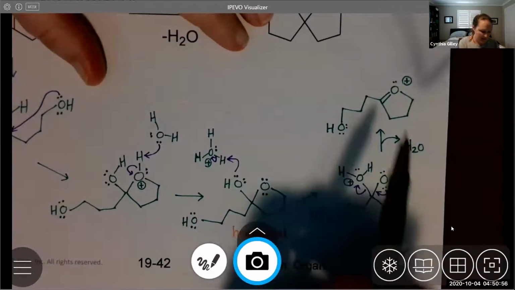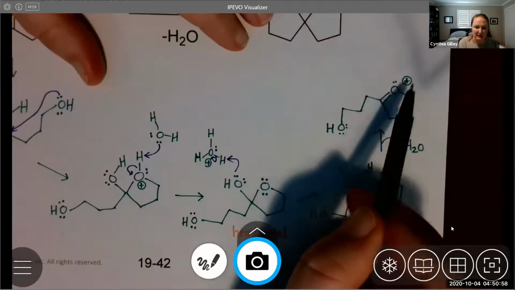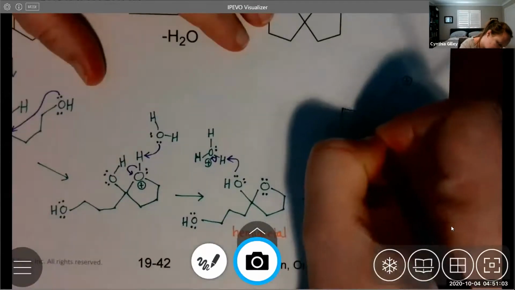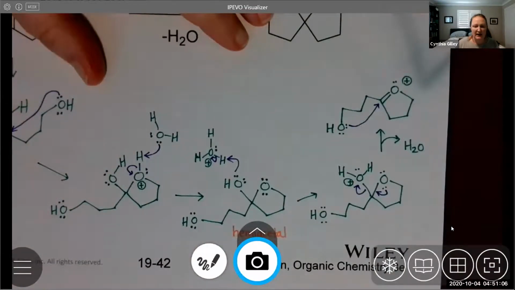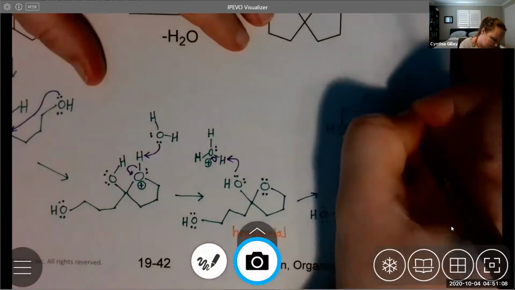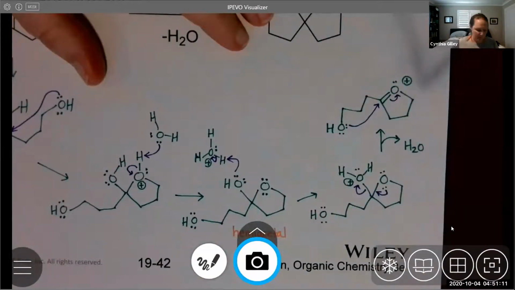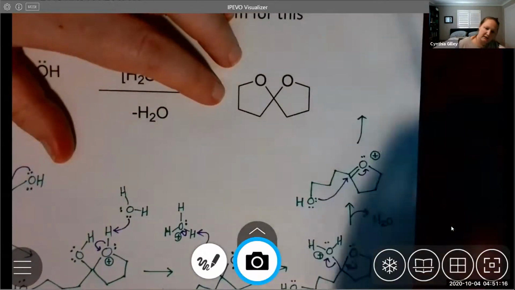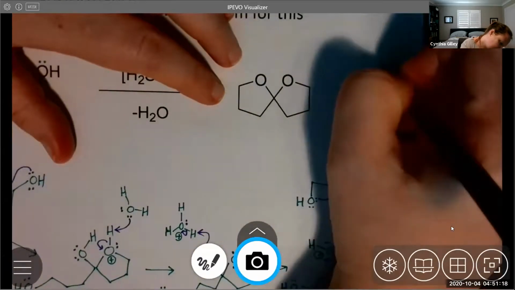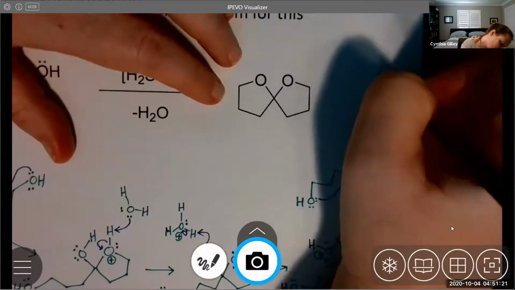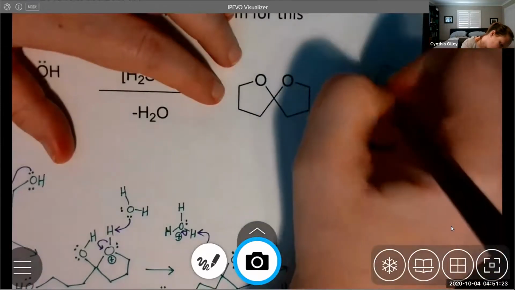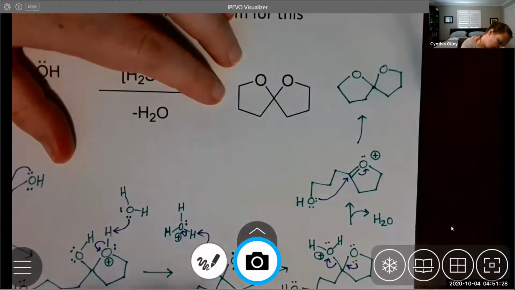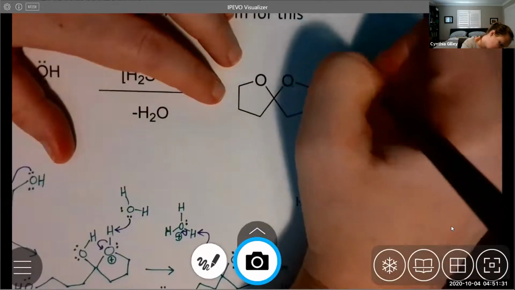Remember, any carbon that's double bonded to an oxygen that's positively charged is very electrophilic. So right now it's ready to receive the nucleophilic attack of the lone pair from the hydroxyl group. That will get me to my penultimate intermediate, where I am going to nearly be at the product.